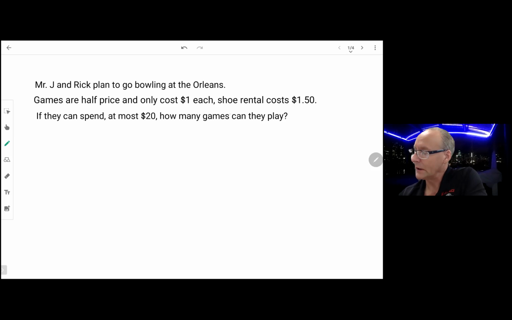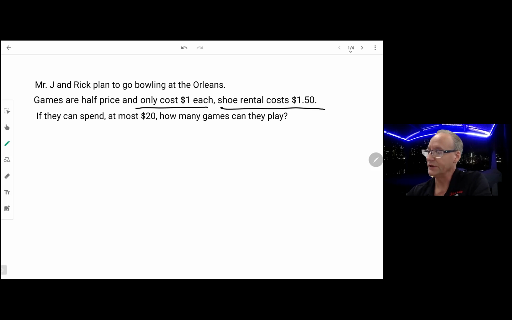There is what we call an initial cost, and that is the cost of the shoe rental. And then there is the cost per game. Now, the problem is that there's 2 of us, so we have to double both of these. There's going to be 2 shoe rentals, assuming you don't have bowling shoes, and there's going to be 2 games for each person each time they play.